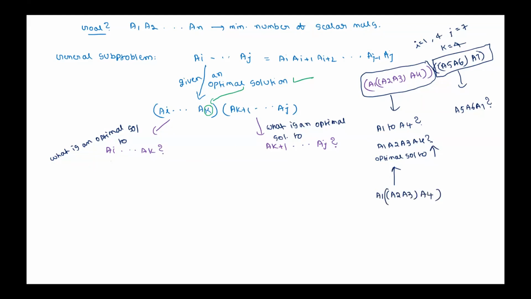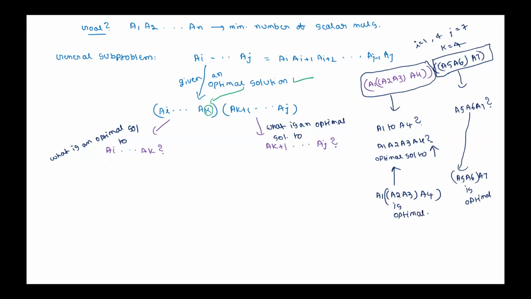That means this gives the minimum number of multiplications. Similarly, A5 to A7, what is the method they followed? A5, A6 they calculated first. That result they multiplied with A7. This is optimal.